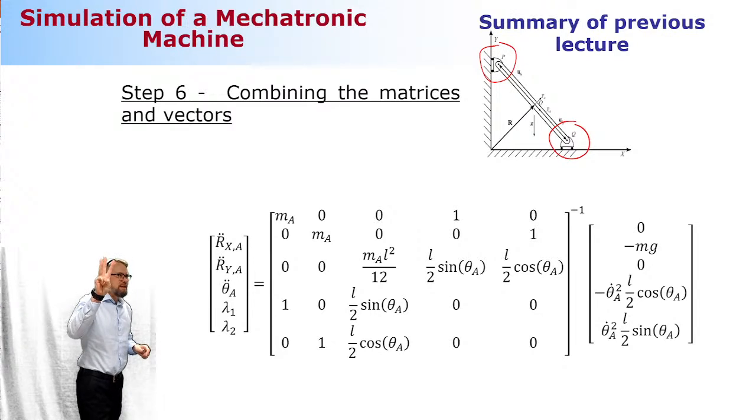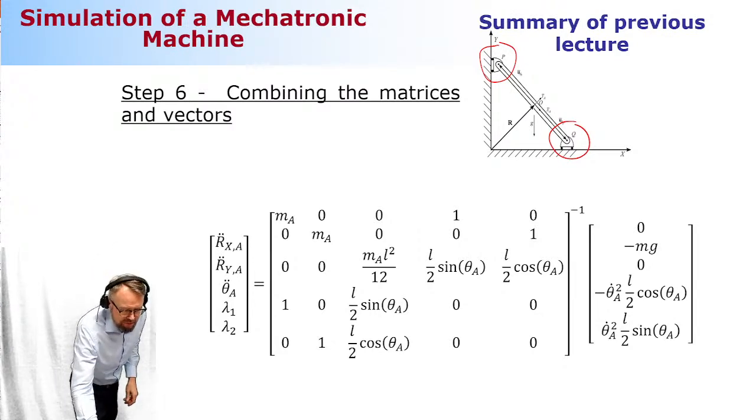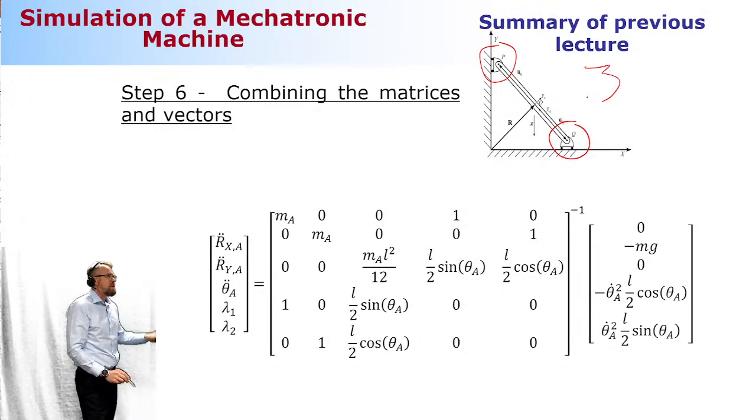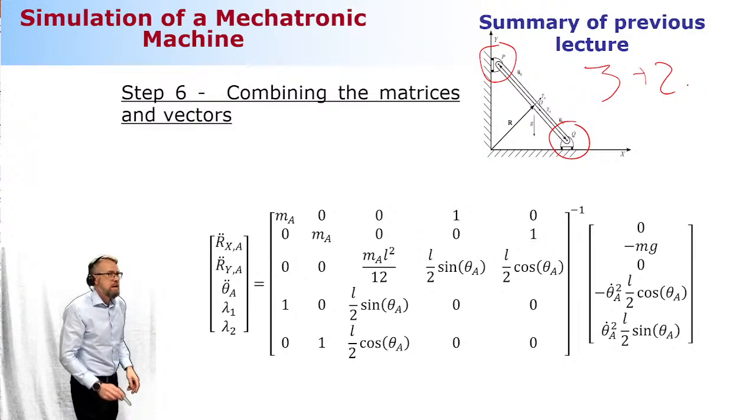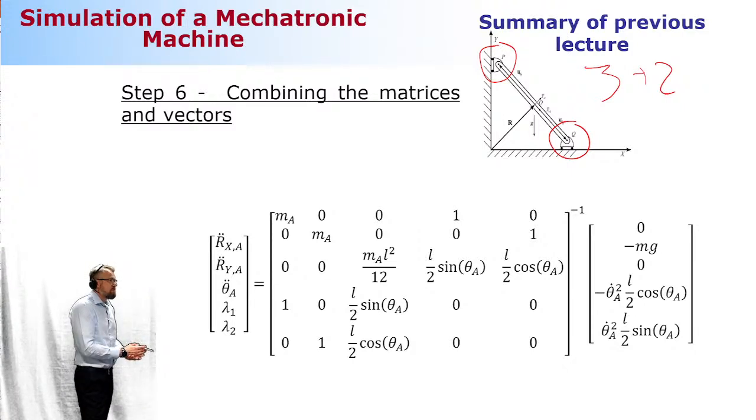Now, if you think about the number of unknowns, the first set of unknowns is the generalized coordinates. So I have three generalized coordinates because of one moving body. But that is supplemented by two constraint equations, and because of the constraint equations, this is the number of unknowns. That's what we discussed a week ago.